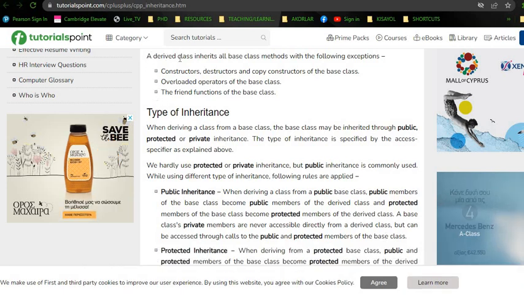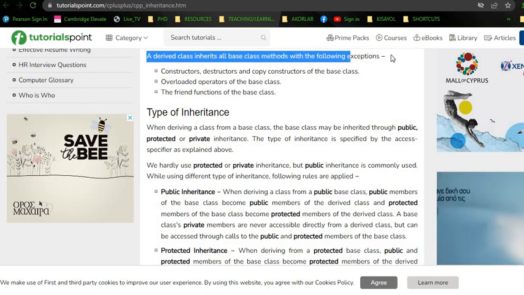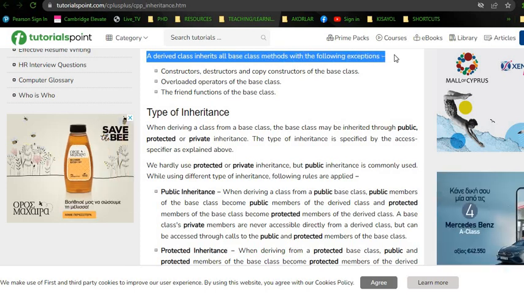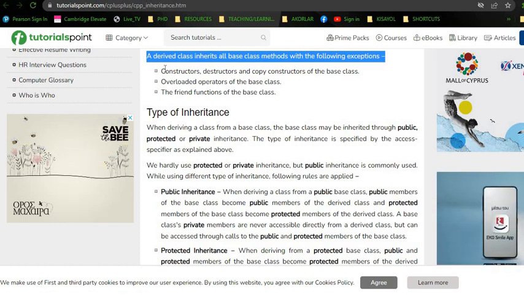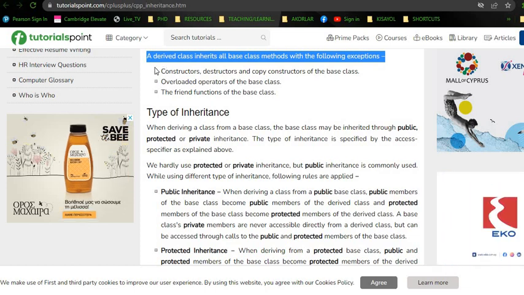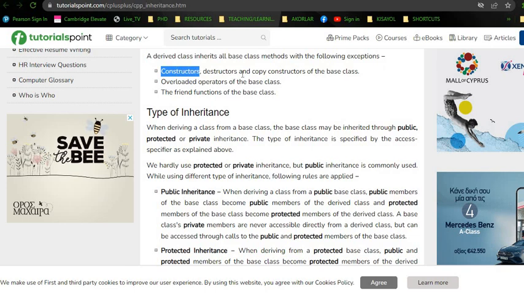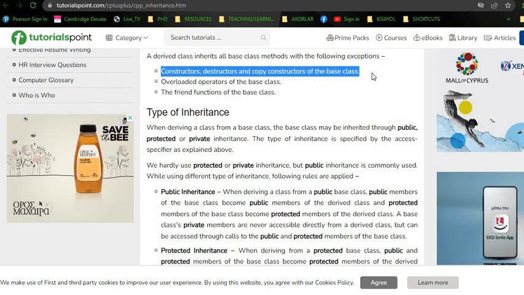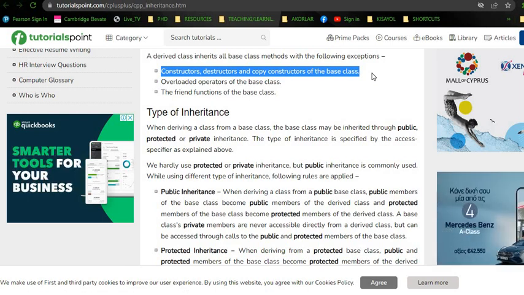Okay, a derived class inherits all base class methods with the following exceptions. So a derived class inherits all base class methods, but we have some exceptions, like constructors, destructors, and copy constructors of the base class. We didn't see copy constructors yet.